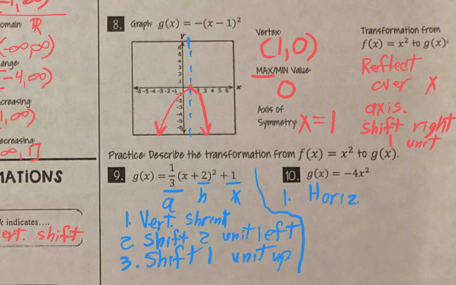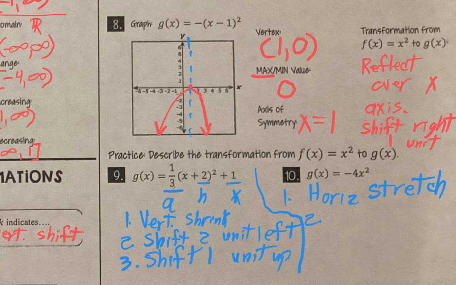So this is my B. If B is between 0 and 1, that is a stretch. Very good. Horizontal stretch. Now, this is on the anchor chart that we have above.